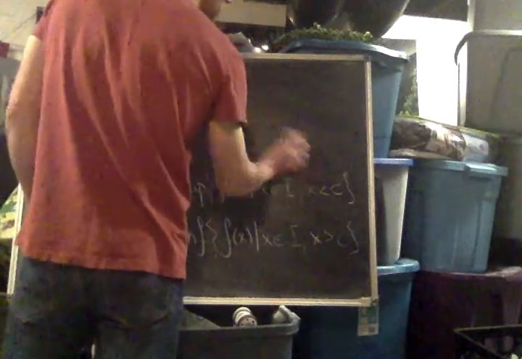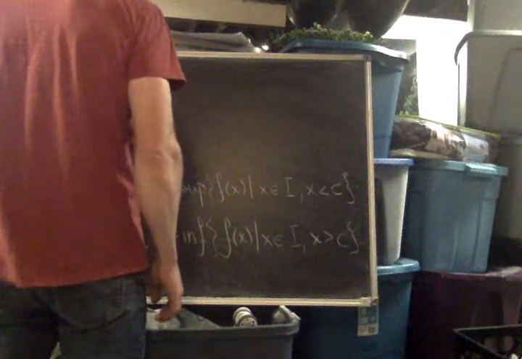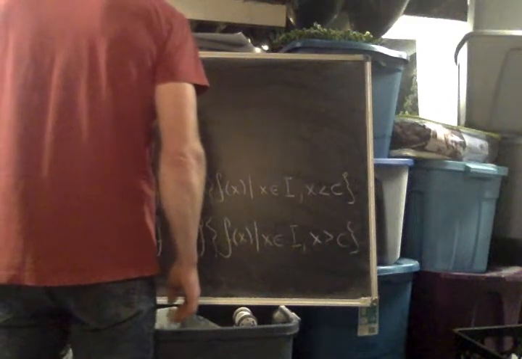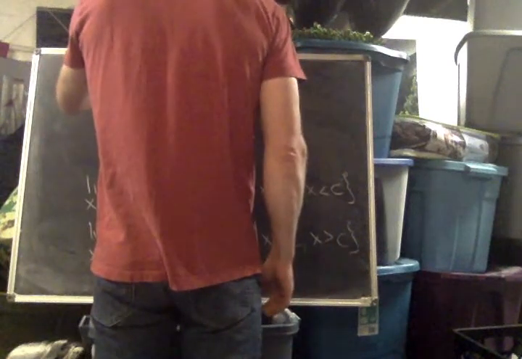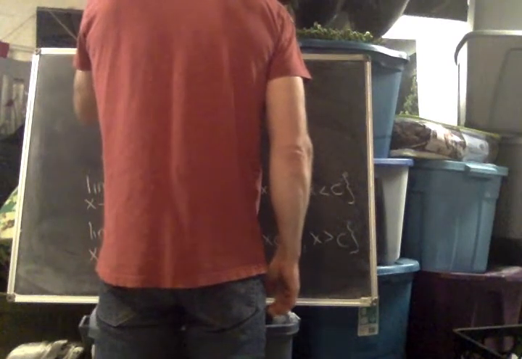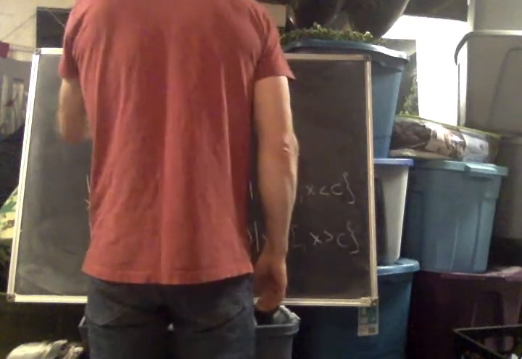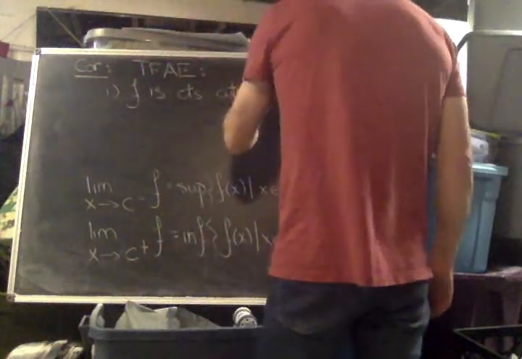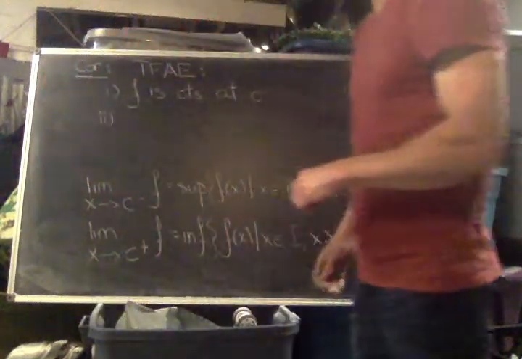Okay, so then we could summarize as a corollary the following. The following are equivalent. 1, f is continuous at c, and 2, then, well, what does it mean to be continuous at c?